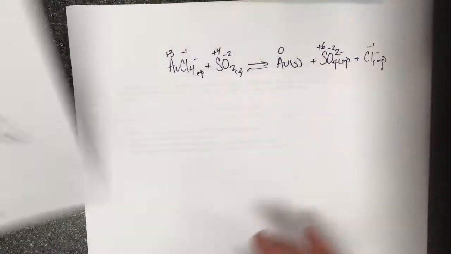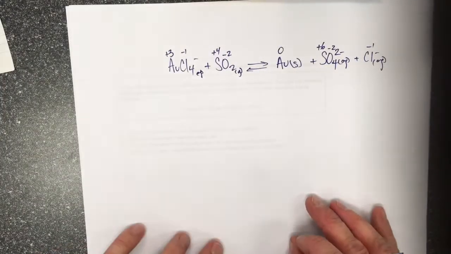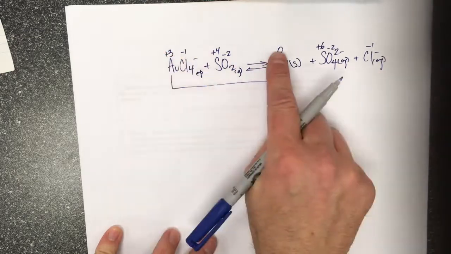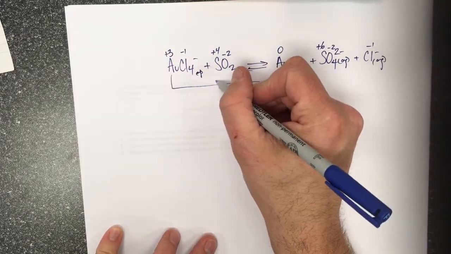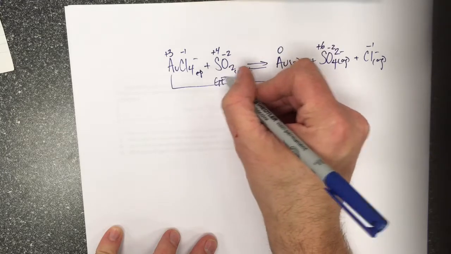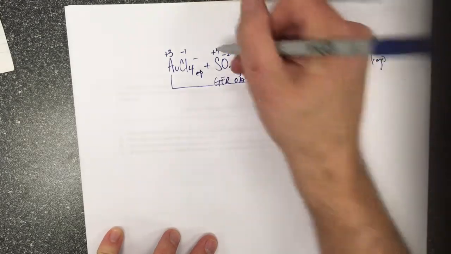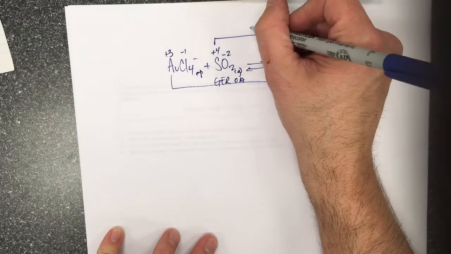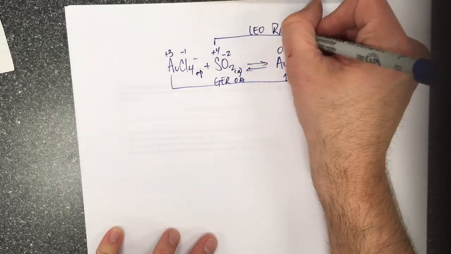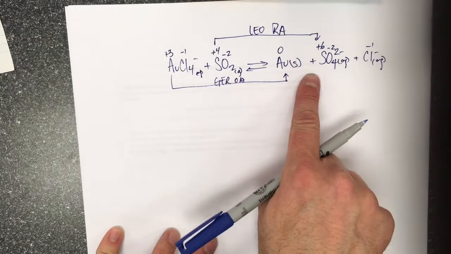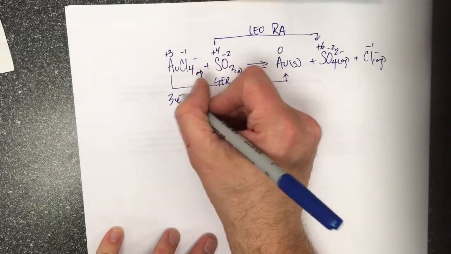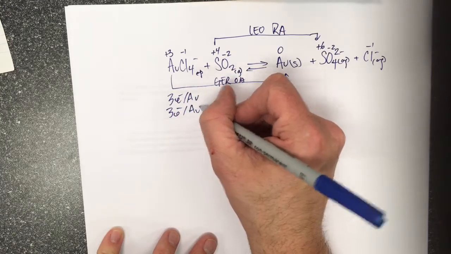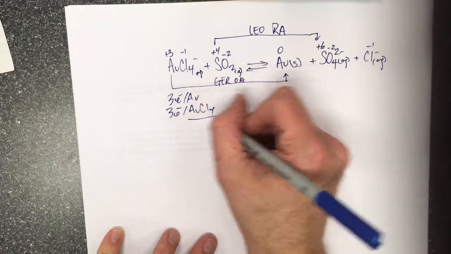So I've assigned the oxidation numbers here. Again, I have my gold going from positive 3 to 0, so that's the gain of electrons, reduction, that's my oxidizing agent, and sulfur is going from plus 4 to plus 6, so that's losing electrons, oxidizing, that's my reducing agent. 3 to 0 is 3 electrons per gold. That's 3 electrons per the ion, tetrachloroaurate.